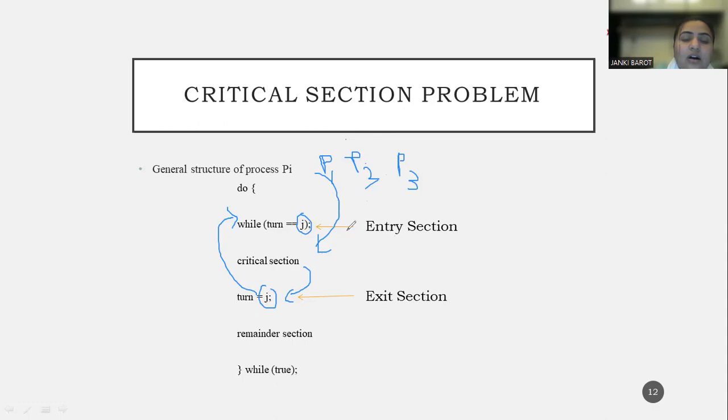This is called progress. After P2, it must be repeated for P3 also, right?